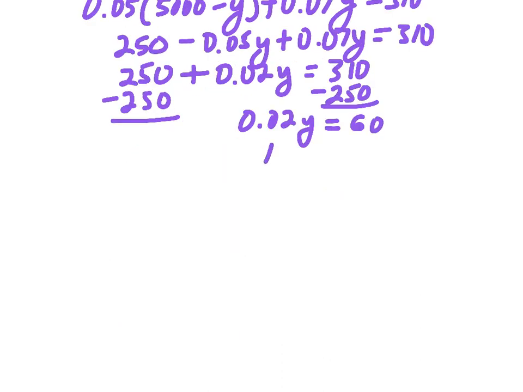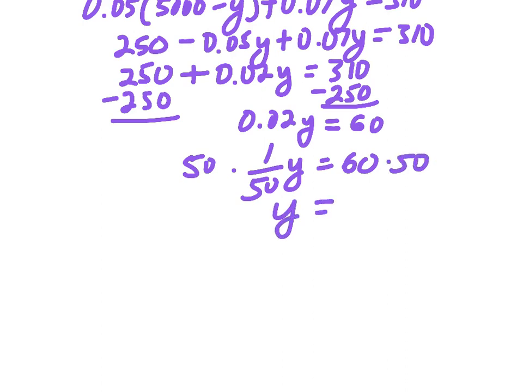So that's 1/50th y equals 60, multiplied by 50 on both sides, and that's y equals 3,000, and we know that the total was 5,000.